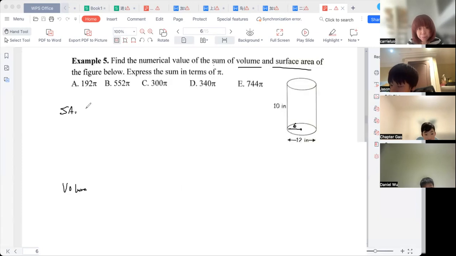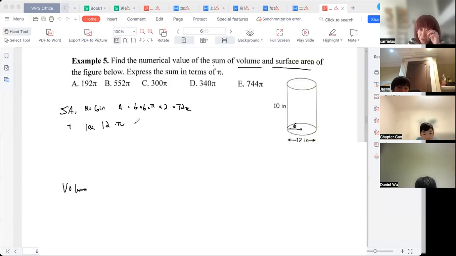So radius equals 6 inches. So the area of the bottom and top is 6 times 6 times pi times 2 equals 72 pi, plus the rectangle equals 10 times 12 pi, which is 120 pi. So 120 pi plus 72 pi equals 192 pi. Daniel, did you get this one?